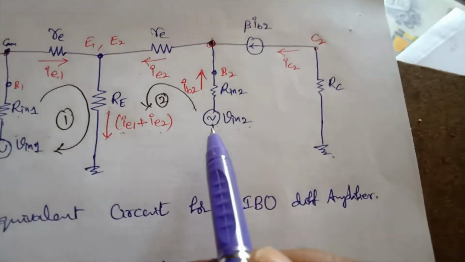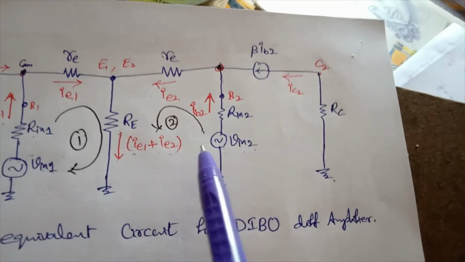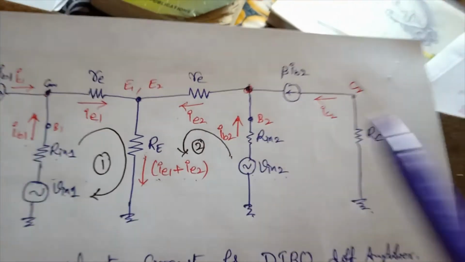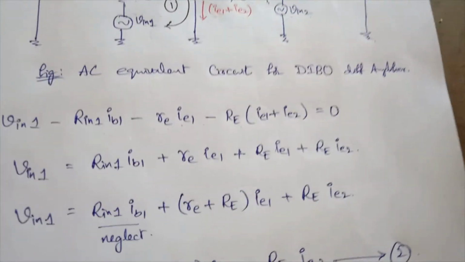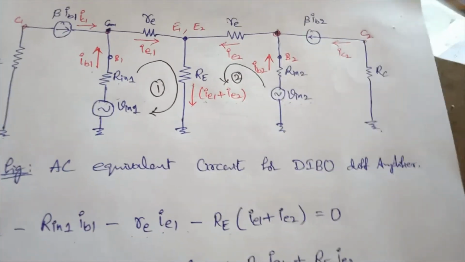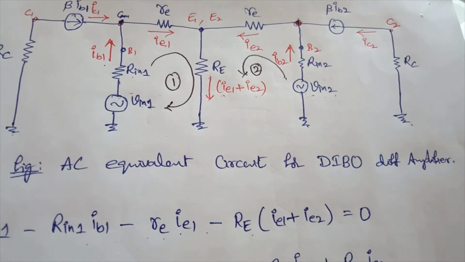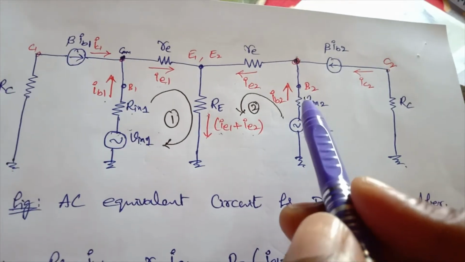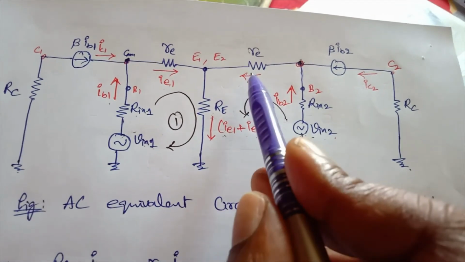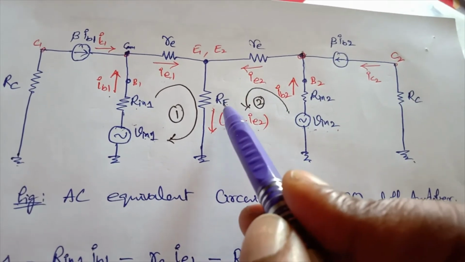In same way, apply the KVL for second loop, loop 2. Then Vin2 is equal to the drop across Rin2 plus the drop across Re plus the drop across capital Re.